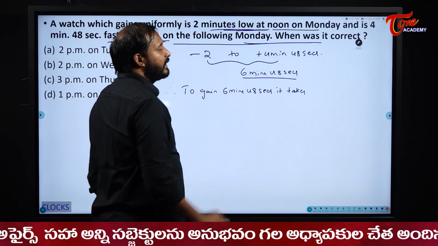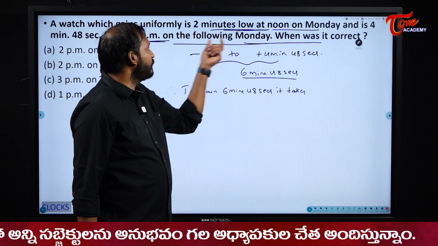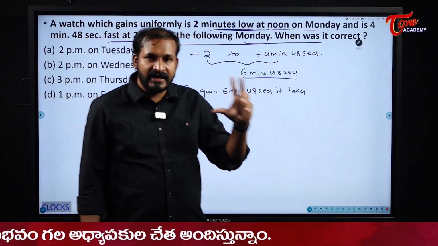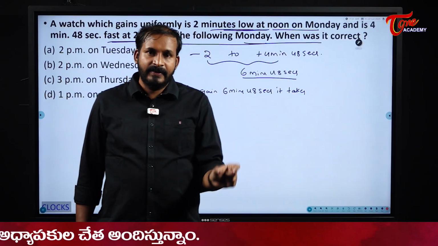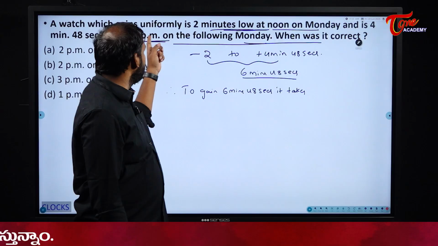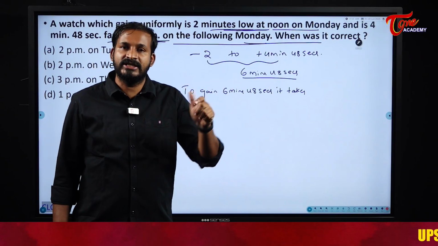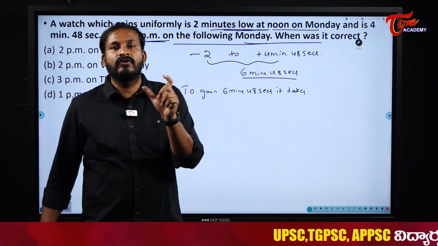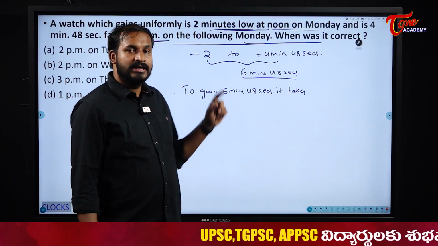From 12 noon on Monday to 2 p.m. on the following Monday. So 12 p.m. to 12 p.m. is 7 days, right? Exactly, 12 p.m. on this Monday to next Monday 12 p.m. is exactly 7 days. And 2 p.m. means 2 hours. 7 days, 2 hours. 7 days means how many hours? 24 into 7, 168 hours, plus 2.